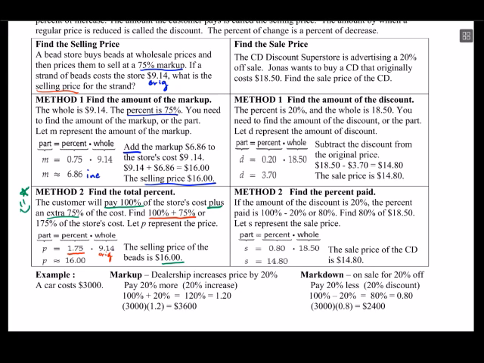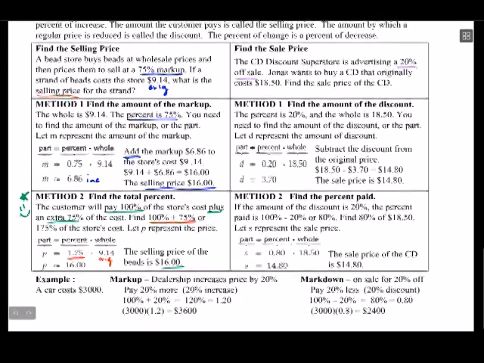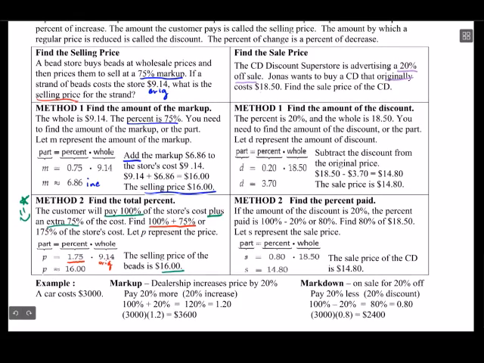Let's look at a discount. The Discount Superstore is advertising a 20% off sale, and our original price is $18.50. So we know that we are taking 20% off. We can find 20% of the $18.50, and this is a decrease.